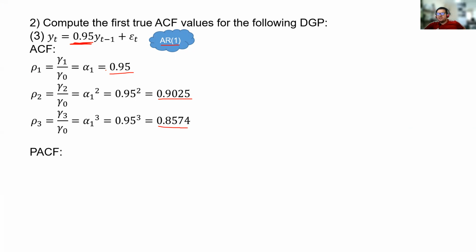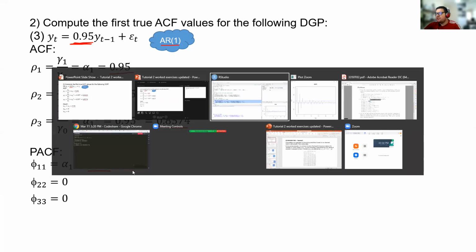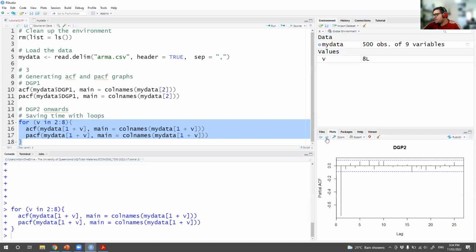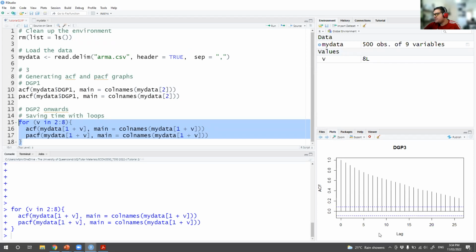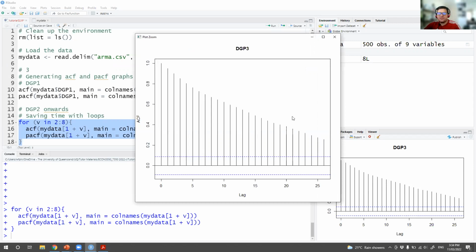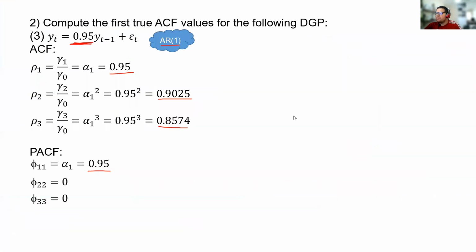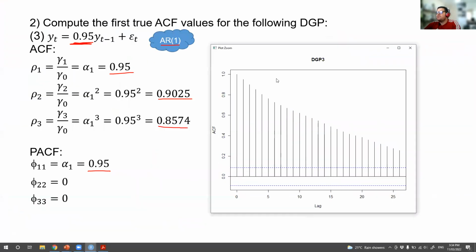So remember, it starts at 0.95 and will decay very slowly, and the PACF will have a cutoff point at 0.95 and will go to 0 right away. So that's the ACF for the data generating process. Overlap those two things.